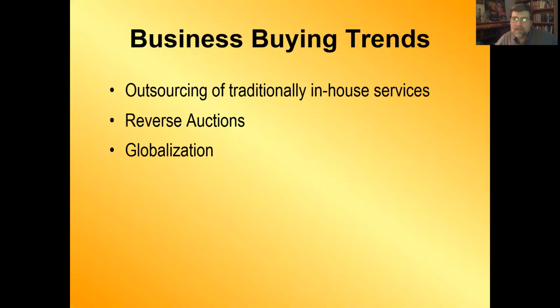However, sometimes there's also a counter trend towards regional buying, and that is because some people realized that they were going too far. They were shipping things from too great a distance, and sometimes there are problems. Now we've actually encountered that with the pandemic.